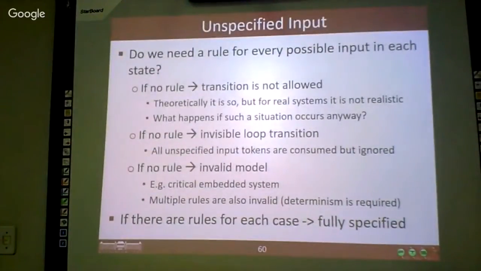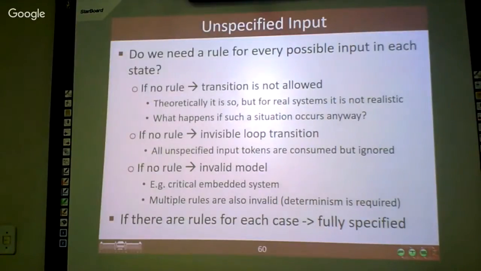So what to do with unspecified inputs? We need actually rules for that. If there is no rule for an unspecified input, then actually the transition is not allowed.